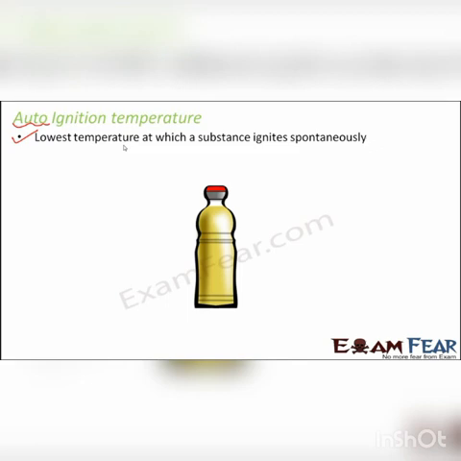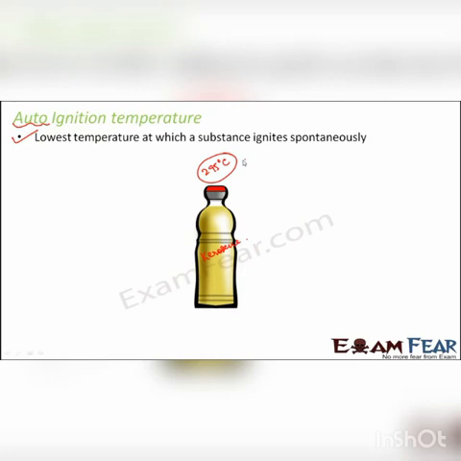Now, when you look at the same kerosene, we saw the flash point of kerosene, which was somewhere around 32 to 70 degrees Celsius. Now when you look at the auto ignition temperature of kerosene, you see that it is somewhere around 295 degrees Celsius, which is very high. So what does this mean?